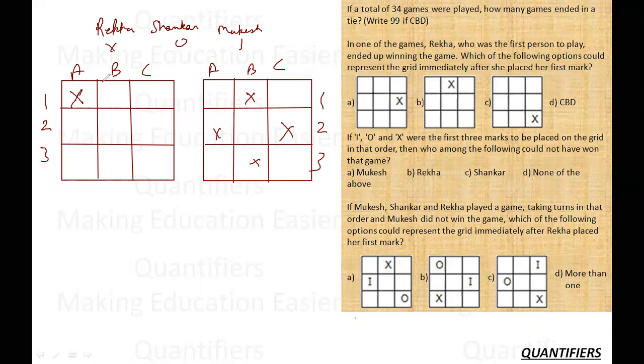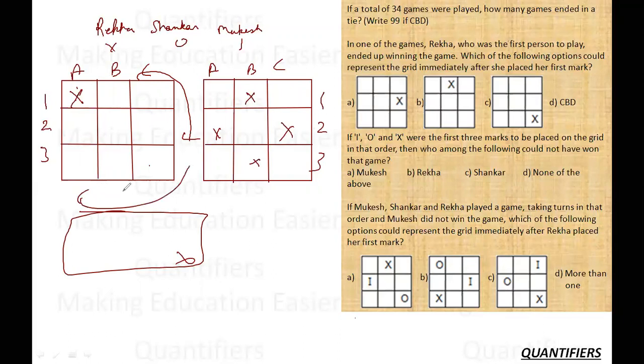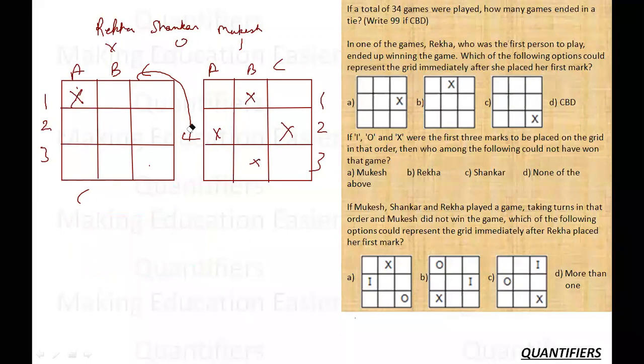If I rotate it, the X will come to this position. What I mean to say is the figure is symmetric. I don't need to take two different cases for the corner, and similarly I don't need to take two separate cases for this corner. So let's first take this case.